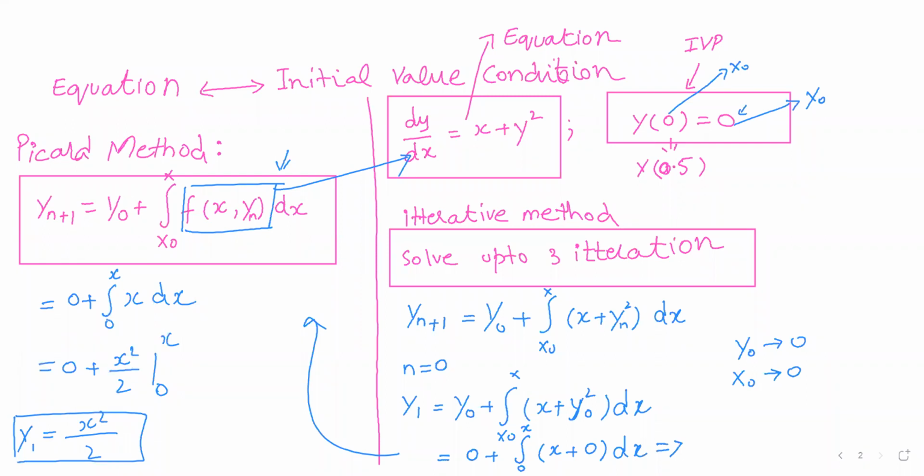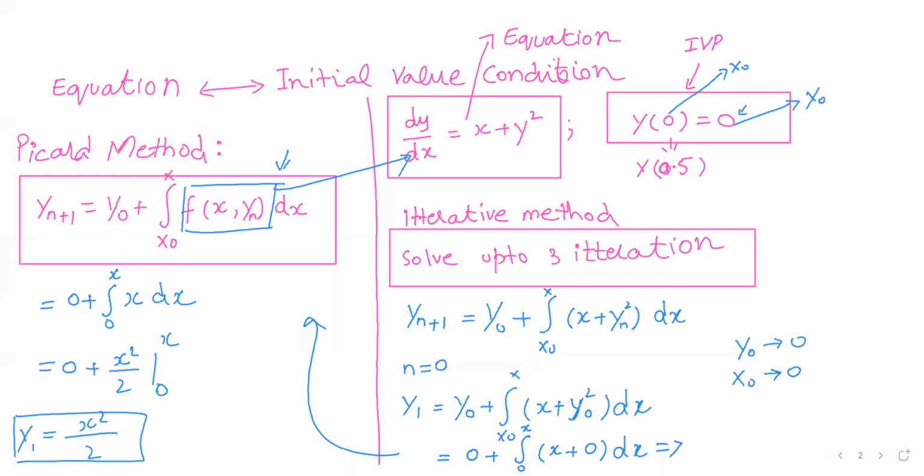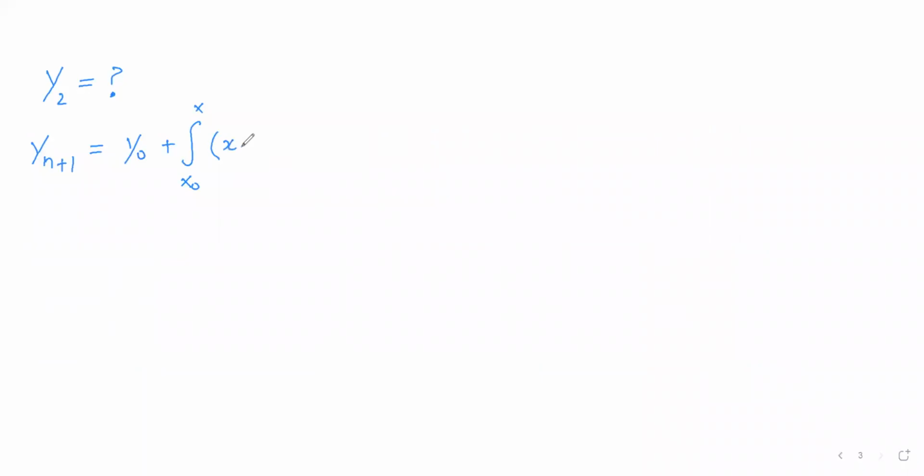Okay. So next we have to find the value of y2. Again, write the formula: yn plus 1 is equal to y naught plus the integral from x naught to x of x plus yn raised to power 2 dx.